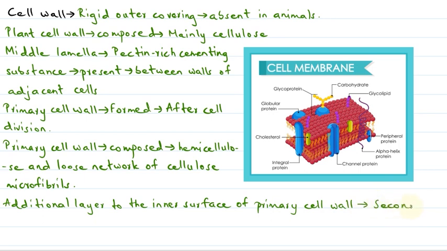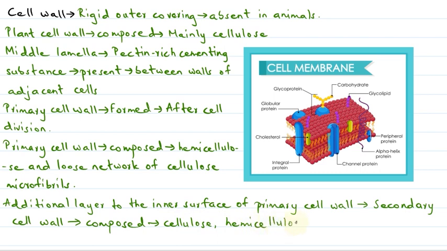This layer is called the secondary cell wall, which forms in some types of cells. Now what is the secondary cell wall made up of? It is made up of cellulose, hemicellulose and lignin.